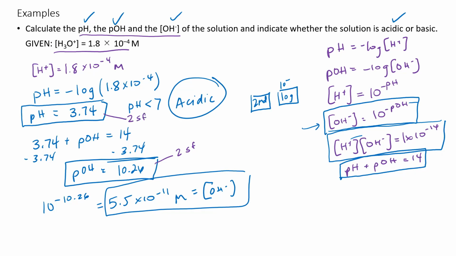The reason I only put 2 sig figs is because in this number, I only have 2 sig figs. So the number that was given to me had 2, so I made sure to put 2 decimal places in any number that I had to take the log of something to get the answer to. All right. This one has 2 sig figs, but only 1 decimal place, because I didn't need a log to do that one. I had the 2 significant figures from here.